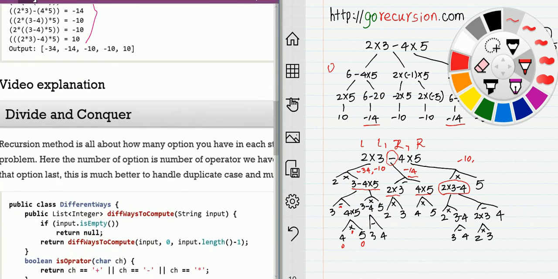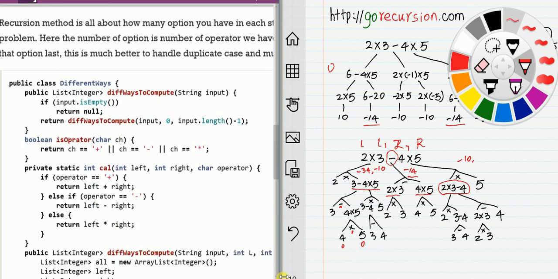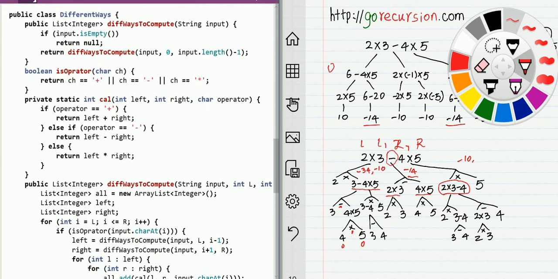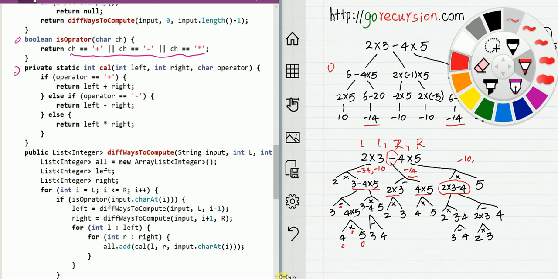Let's take a look at the code. We have two functions. One is isOperator, which just returns true if the character is plus, minus, or times. And another one is very easy.